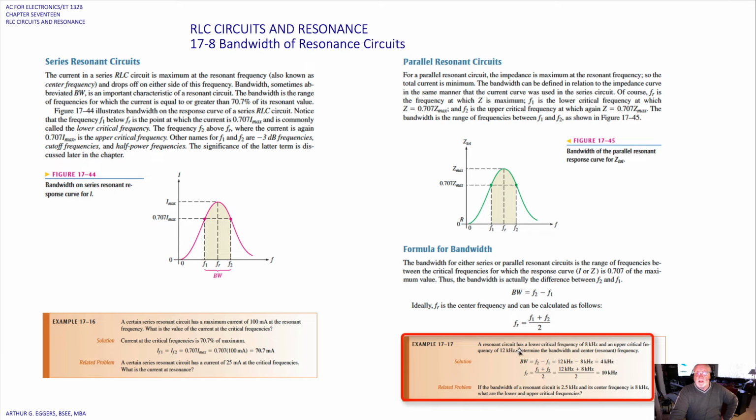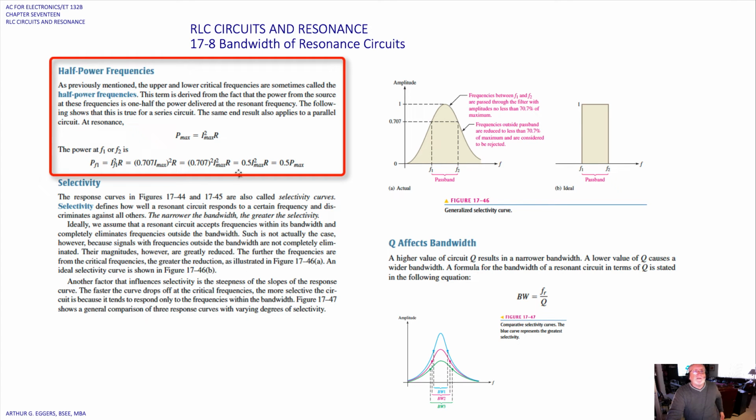The bandwidth becomes 12 kHz minus 8 kHz, which gives us a bandwidth of 4 kHz. From that, we can also calculate the center frequency, or the resonant frequency: F1 plus F2 divided by 2. It's just like taking the average or the mean, 10 kHz.